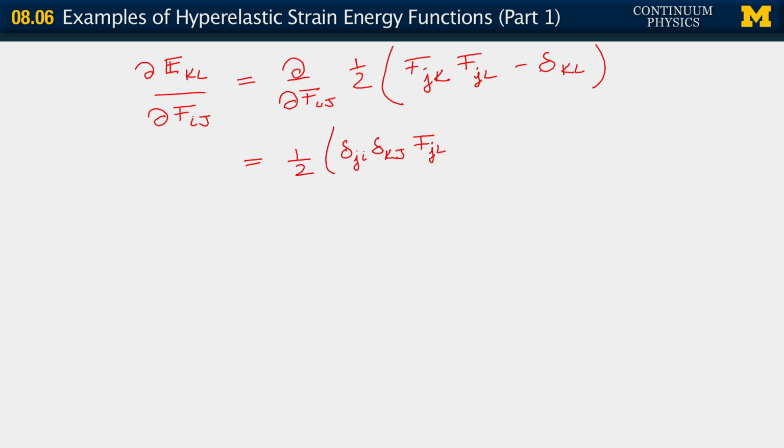Of course the derivative of the Kronecker delta, delta_KL, with respect to F_ij is 0, so we ignore that term. The next term we get will be F_jK coming along for the ride, with the derivative applied now to F_jL, and likewise that will give us delta_ji delta_LJ.